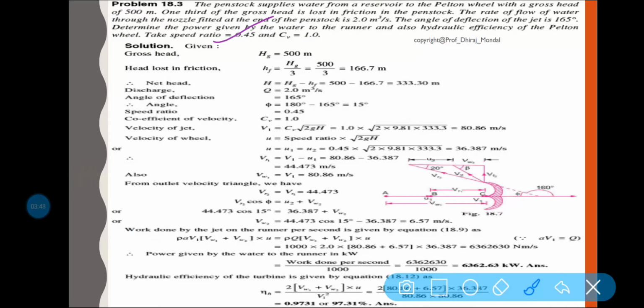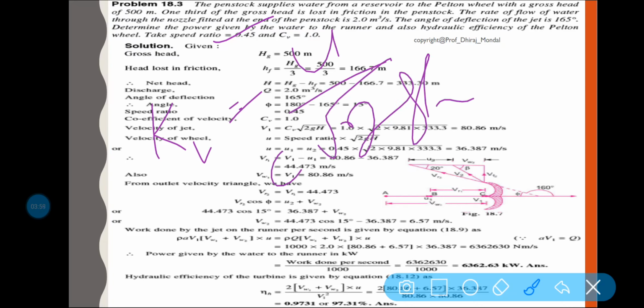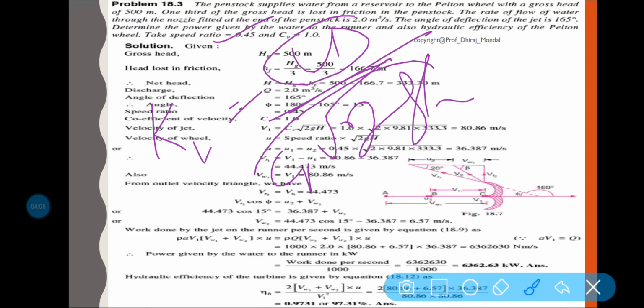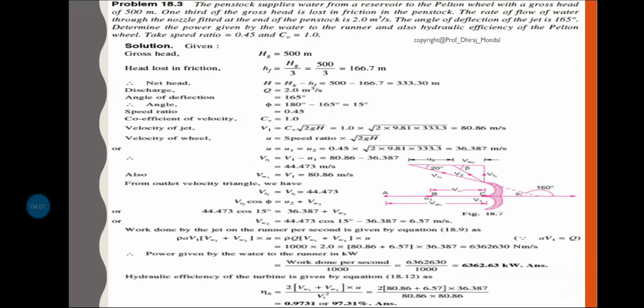Speed ratio, I am denoting by Ku, is u divided by Cv root over 2gH, that is the velocity of the blade divided by the absolute velocity of the jet coming out from the nozzle, and Cv is given as 1.